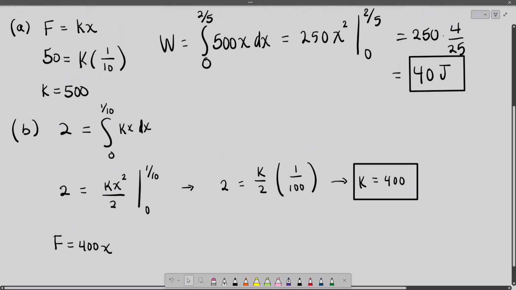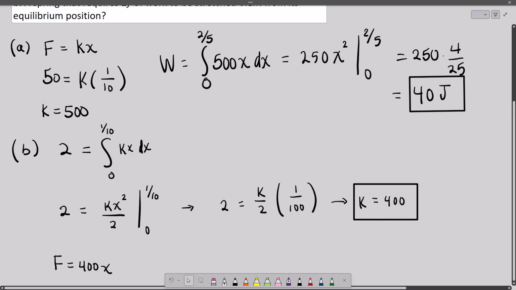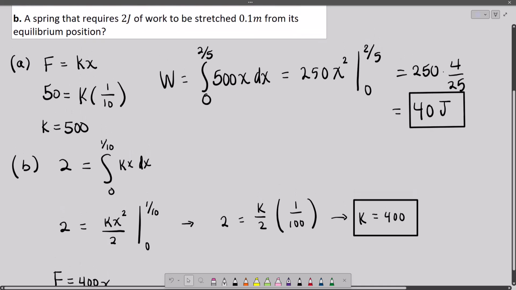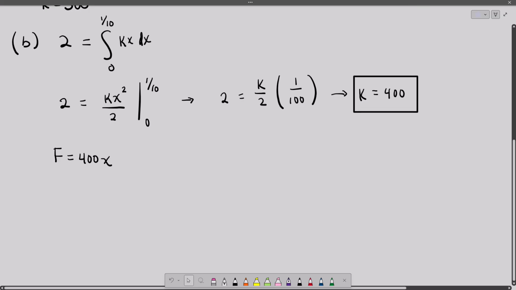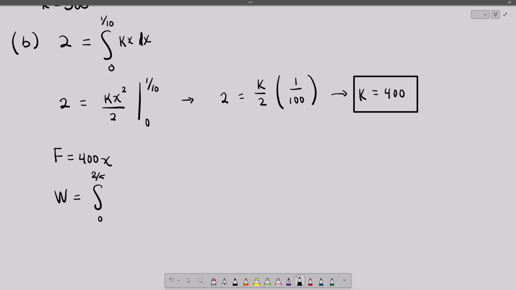And then they ask the same question. So the first one had a spring constant of 500. We want to go from 0 to 2/5. So we're going to do the same thing here. The work done in stretching it from 0 to 2/5, we're going to end up with 200x squared from 0 to 2/5.